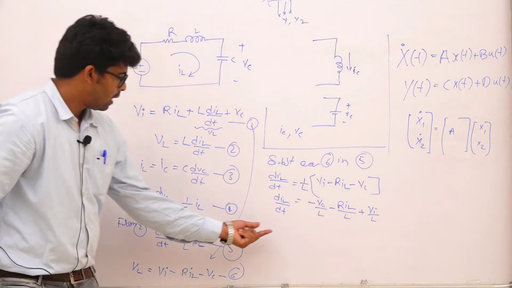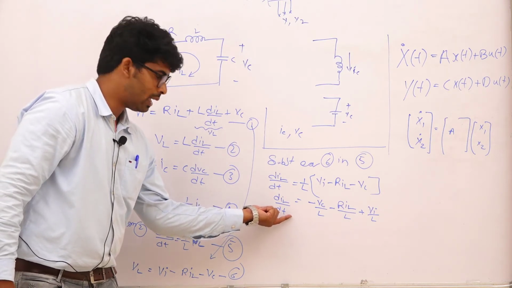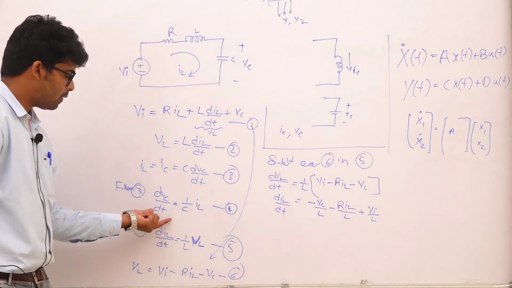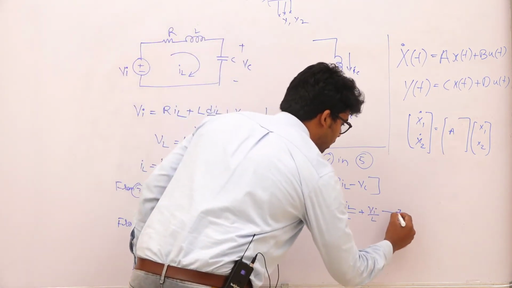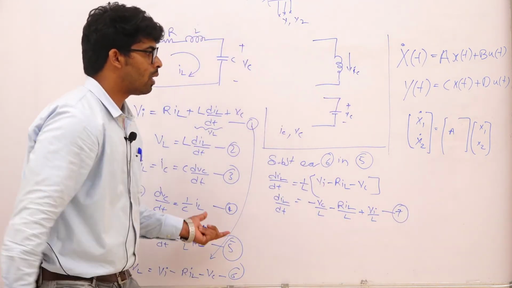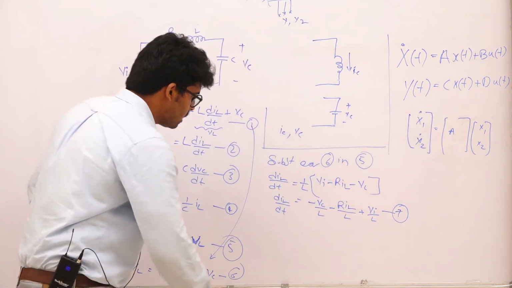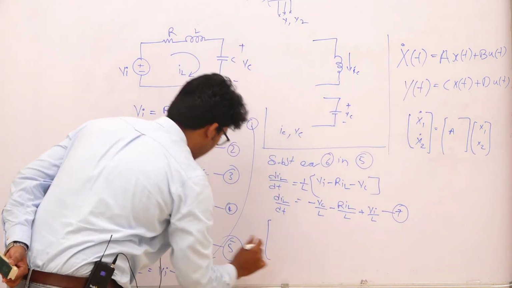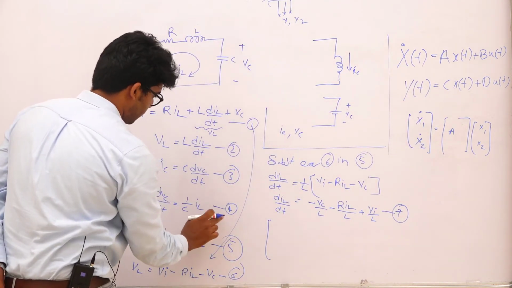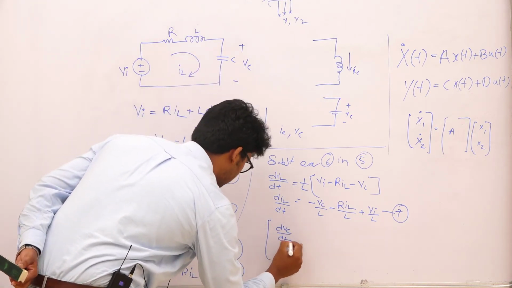So my thing is cleared. Here I got the first order equation of state variable IL, and the first order equation of state variable Vc. So from equations 4 and 7, we can represent the state model in the form of this equation. I'll show how. Take this first order equation from equation 4. From equation 4 you have dVc by dt.